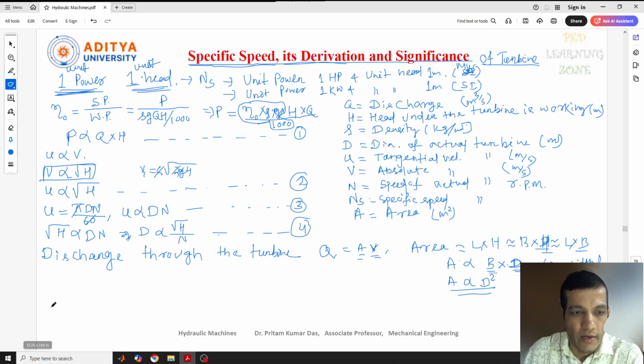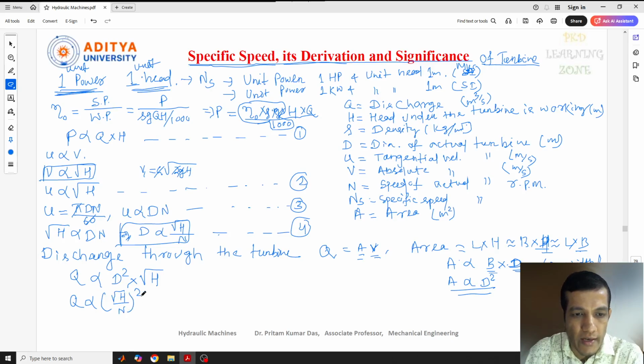So I'll just put the value in this equation. Q is directly proportional to A. In place of area I will write d square, into, in place of V, I already got root over of H, so I'll put this value. Next, Q is directly proportional to, in place of d square, this term is there for the d value, so let's put the value: root over of H divided by N, whole square.